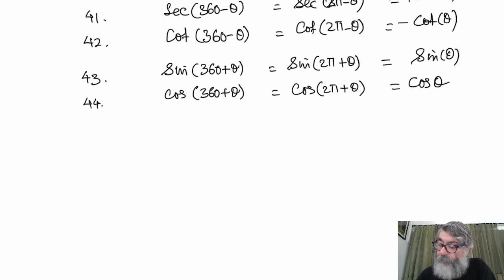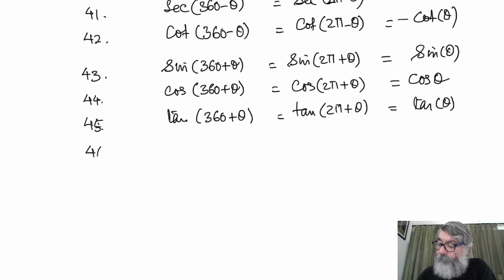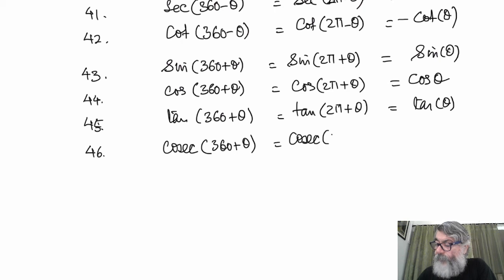Then it is tan 360 plus theta, tan 2 pi plus theta. It is all falling in the fourth quadrant, tan theta. Then it is cosec 360 plus theta, cosec 2 pi plus theta is equal to cosec theta.